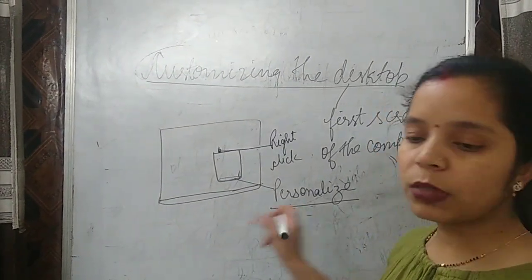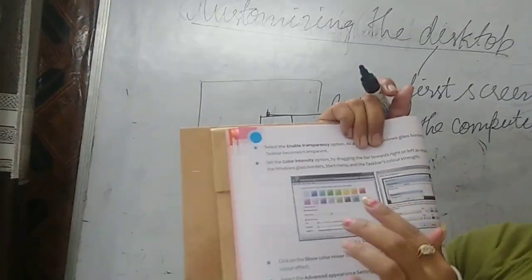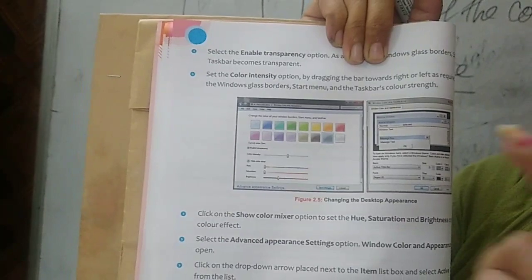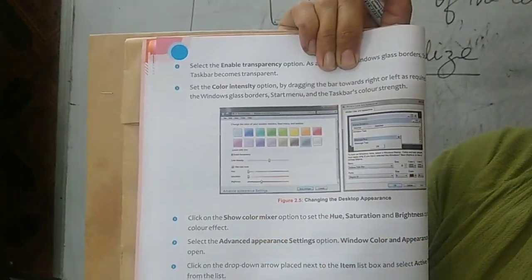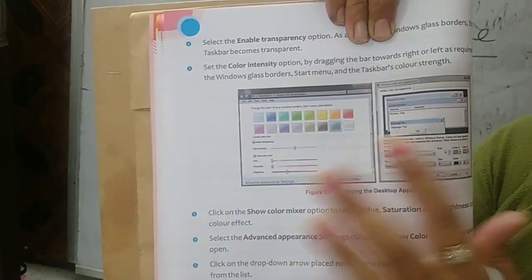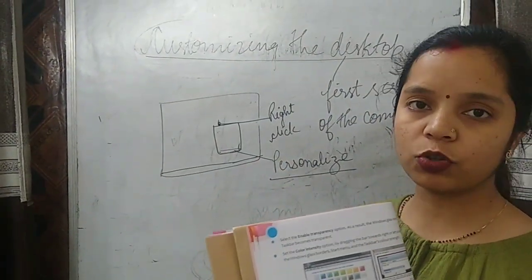When you click on it, it will open a window, and from here you can change the color of the window, the desktop background, and the appearance of the start menu and taskbar. Everything you can change from this window. So using this you can customize the desktop.